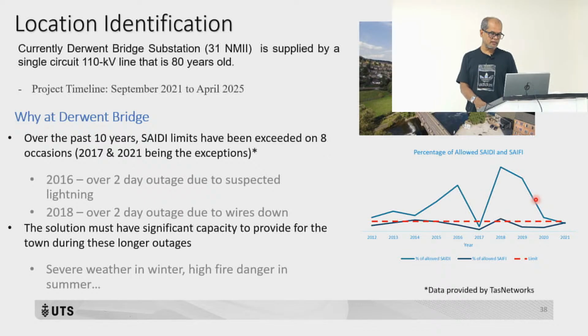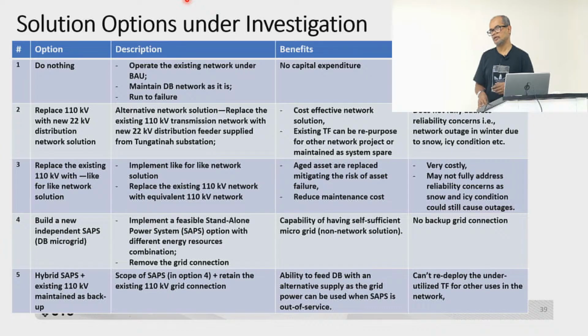So that's one of the reasons. And also, as I said, that area was supplied by a transmission line which is more than 80 years old. So they don't want to build or replace that transmission line, and they asked us what could be the solution, right?